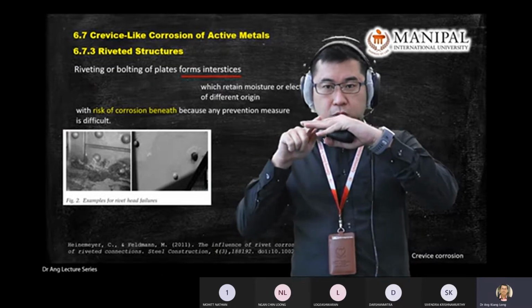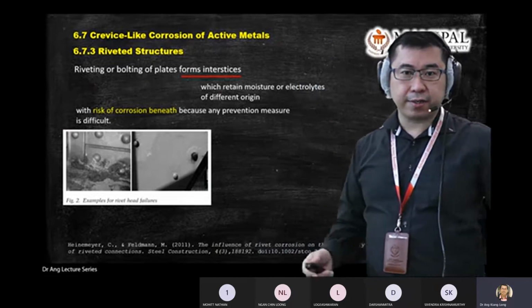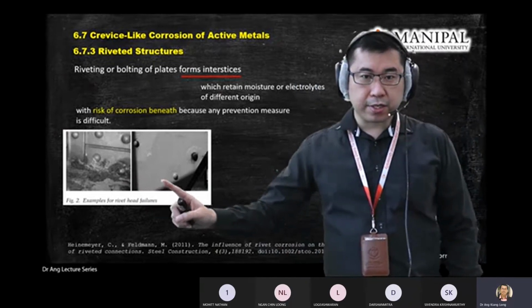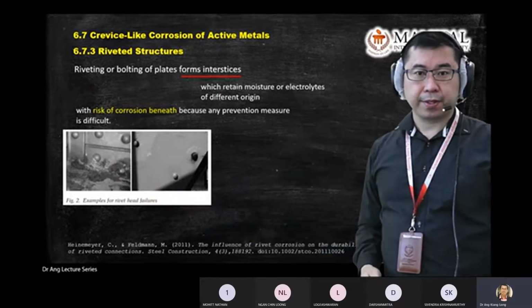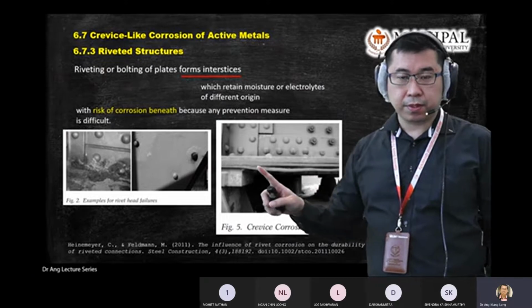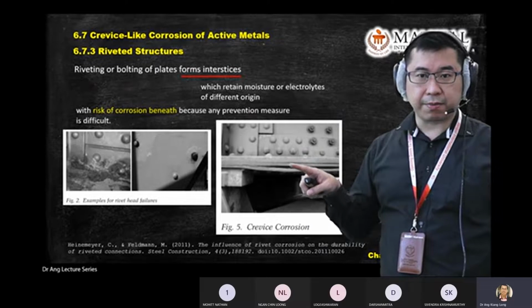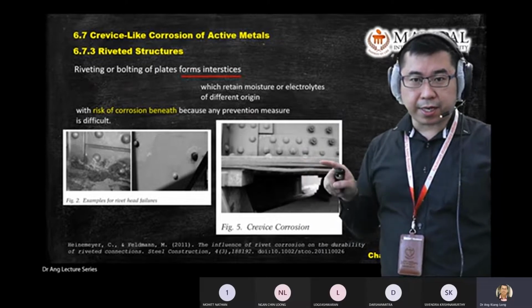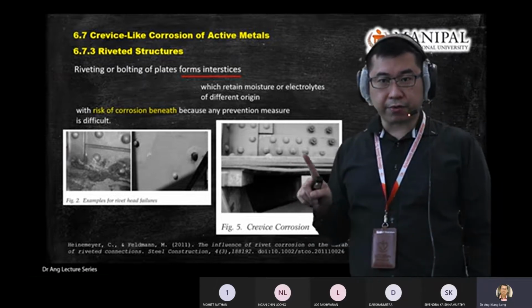When there's a hole or gap, then crevice corrosion is going to attack that area. So you can see all these riveted areas. This one also is a layer of metals, and when they have layers of metals, there's a gap, and then corrosion will go and attack all this. Rivets also.